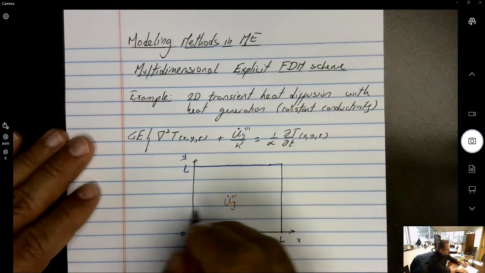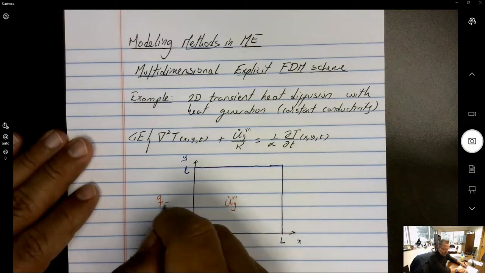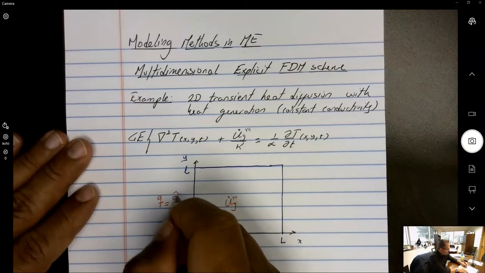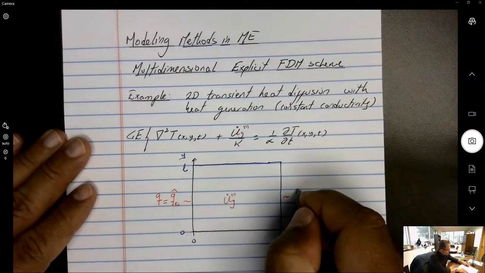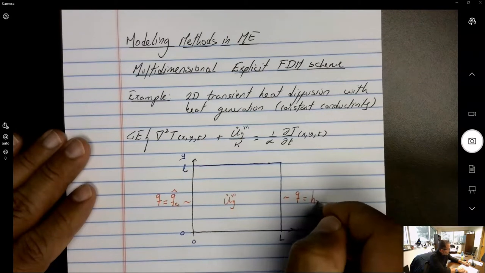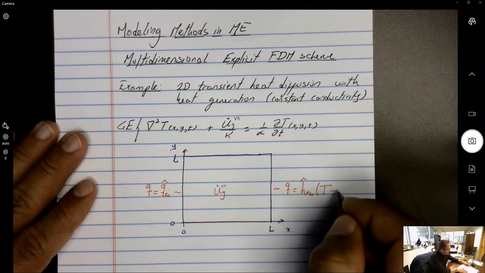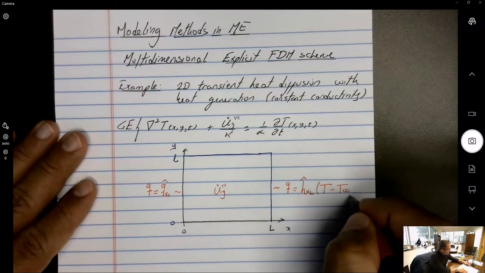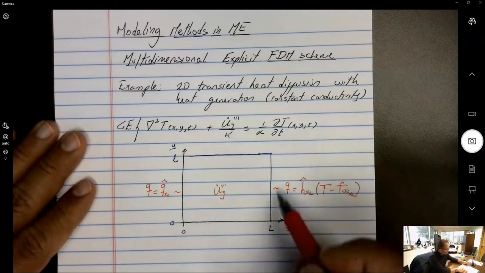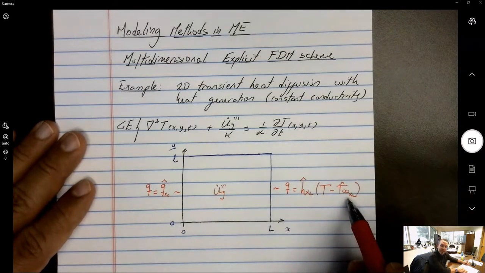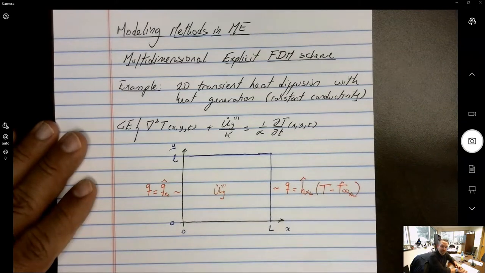Let's assume that the heat flux on the left-hand side is imposed, so we have a second kind condition on the left-hand side. On the right-hand side, let's assume that we have some convection, so q is equal to some imposed film coefficient, T minus T infinity at x = L. It's also imposed, so we have some flow that's circulating at a temperature T infinity XL and has a film coefficient or heat transfer coefficient h_XL.